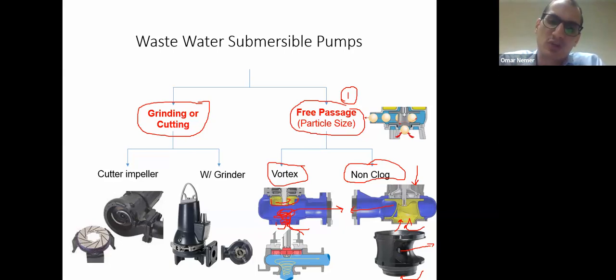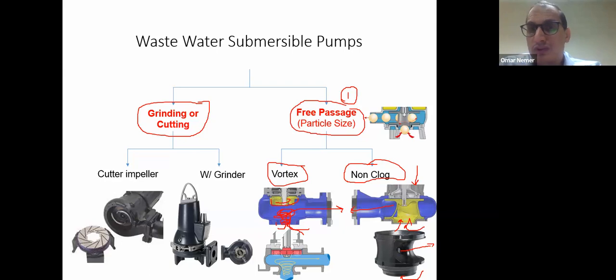Vortex pumps, because of this type of design, generally have low efficiency, 20 to 40%. Non-clog can exceed 60%. So non-clog pumps give you higher efficiency than vortex, but vortex is safer from clogging.